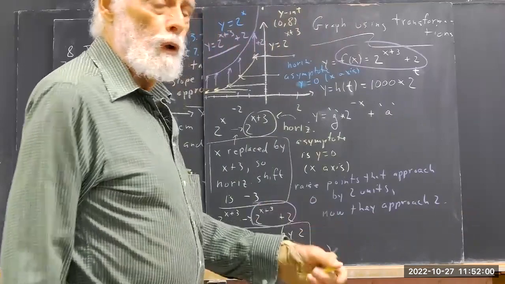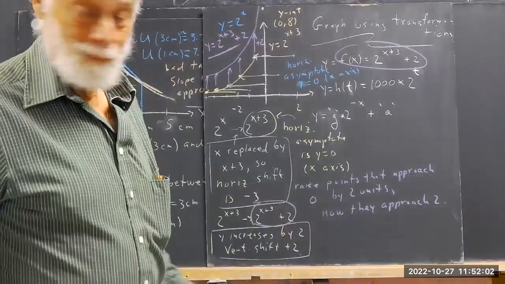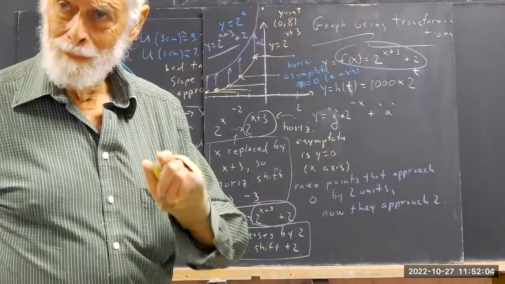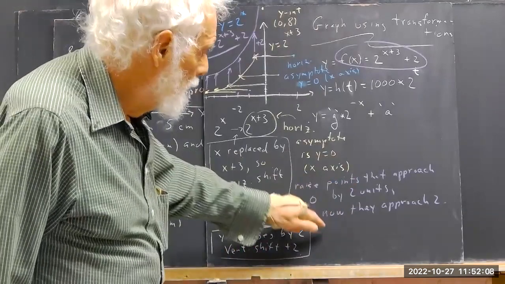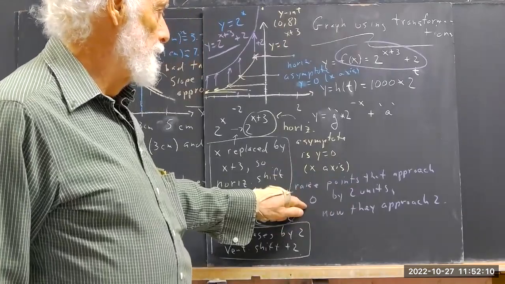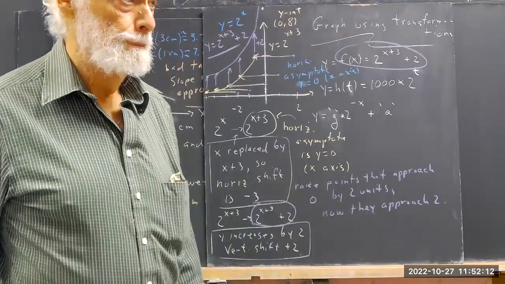I said a little more verbally with this, so that's worth maybe taking another look at. But they raise the points that approach 0 by 2 units, and now they approach 2.